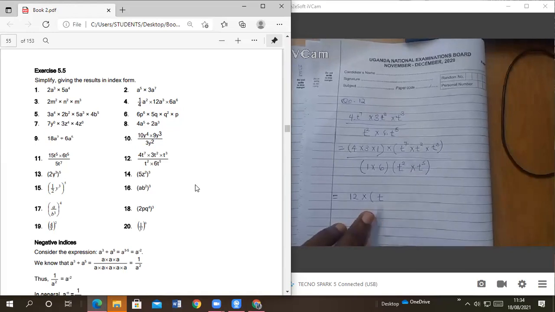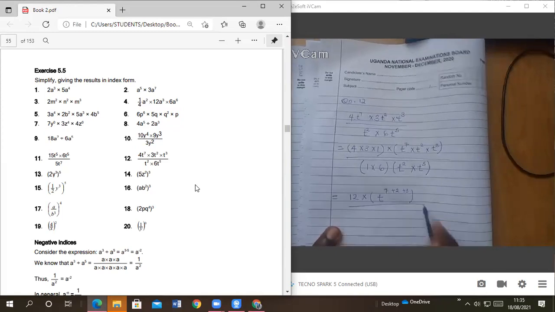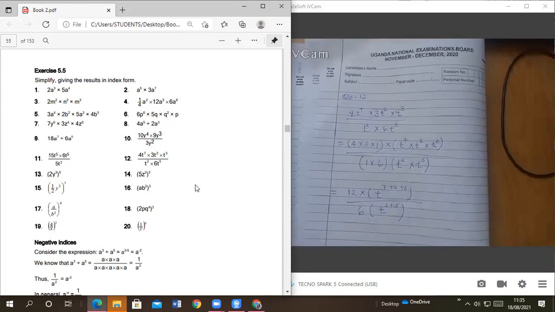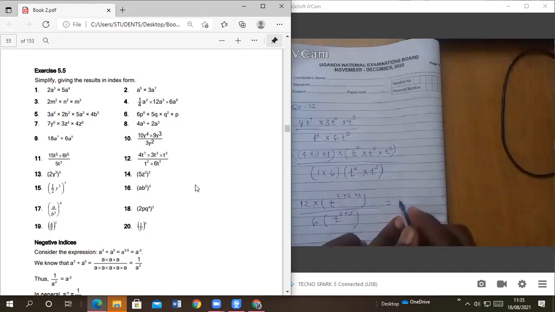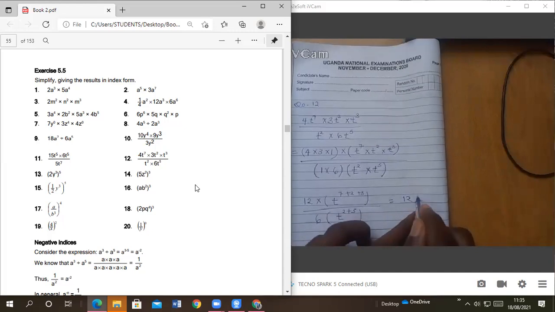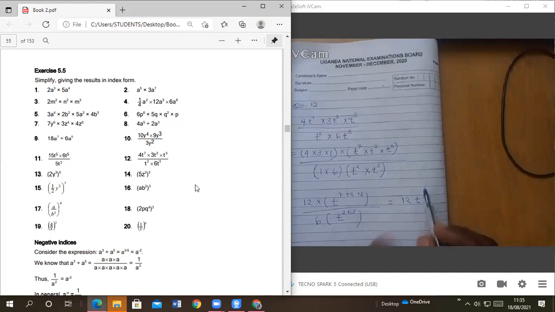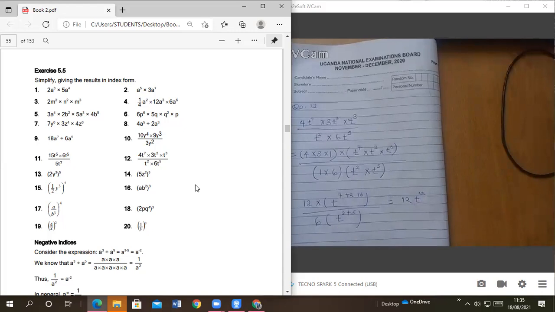We add the powers, so it becomes 7 plus 2, then plus 3, divided by 6 times t to the power 2 plus 5. When you go ahead, this one will give us 12. This plus this is 9, 9 plus 12. So 12 t to the power 12. Have you seen that?